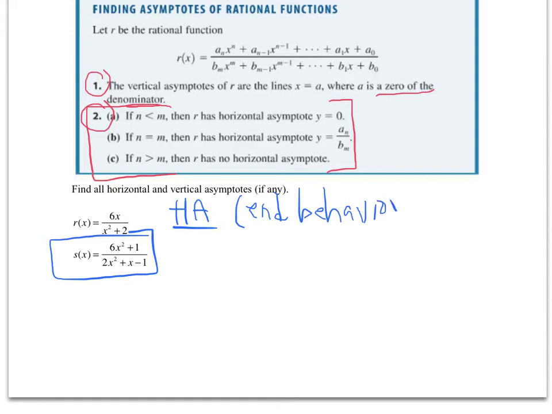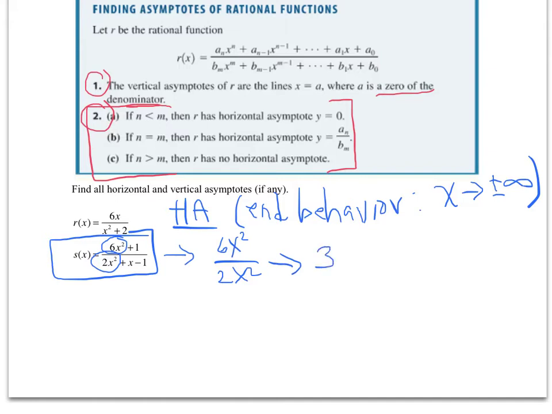For that you only need to look at the dominant term in the numerator and the dominant term in the denominator. And so we have that our function s of x behaves just like 6x squared over 2x squared on the ends, which behaves just like 3. And so now we have a horizontal asymptote y equals 3.